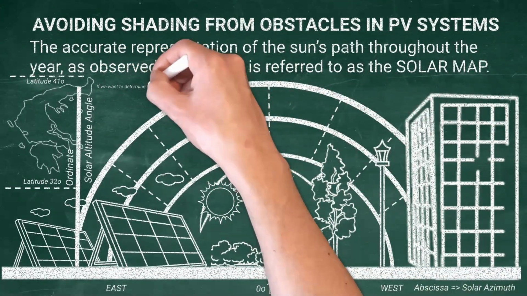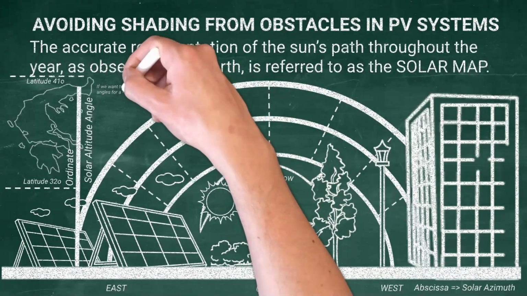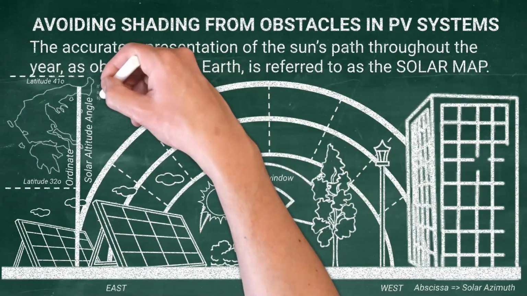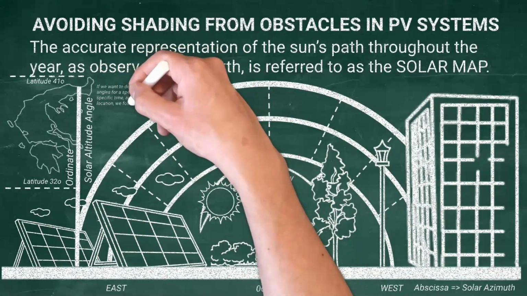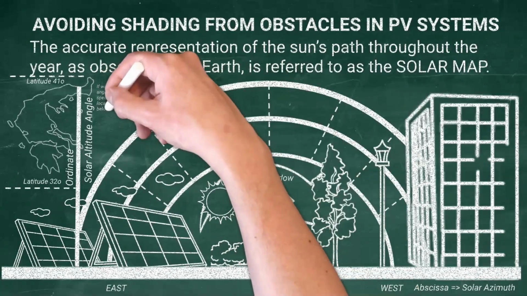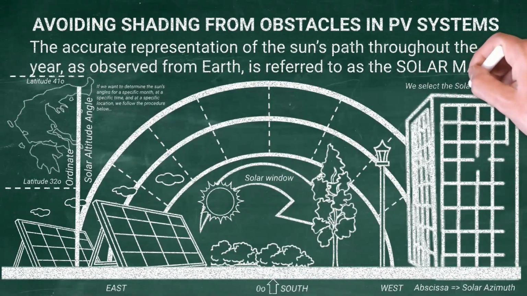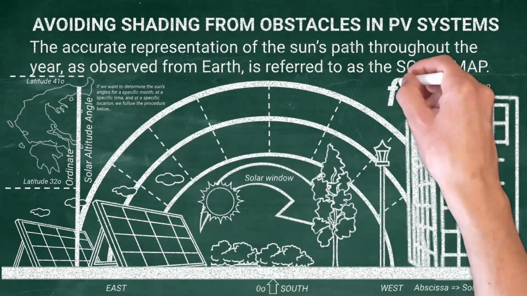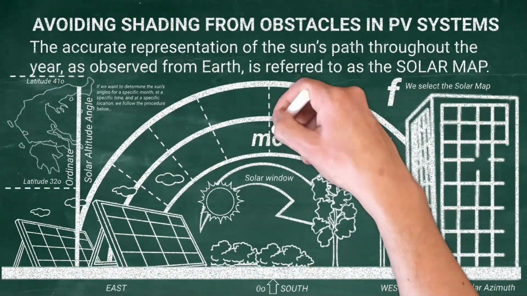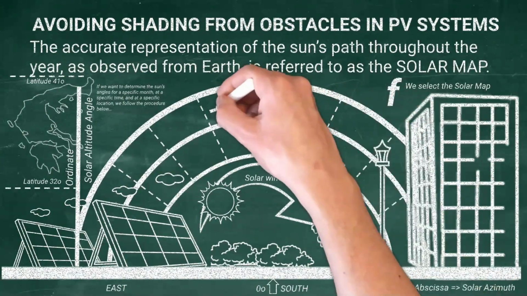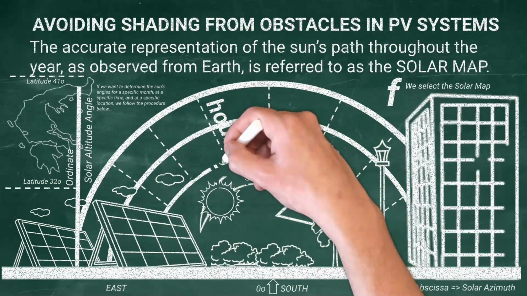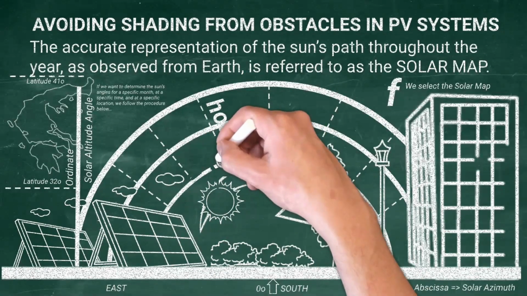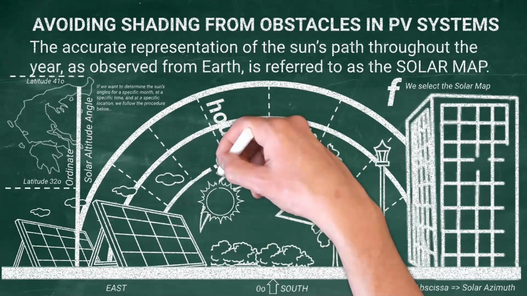So, if we want to calculate or determine the sun's angles for a specific month and for a specific time of day at a location with a specific northern latitude, we follow the procedure below. We select the solar map that corresponds to the specific latitude, phi. Next, we find the sun's path for the specific month of interest, and the hour curve for the time we want, to see where the sun is located.